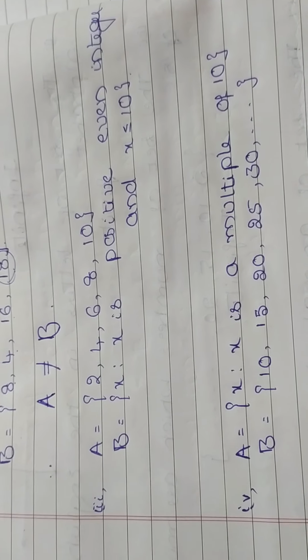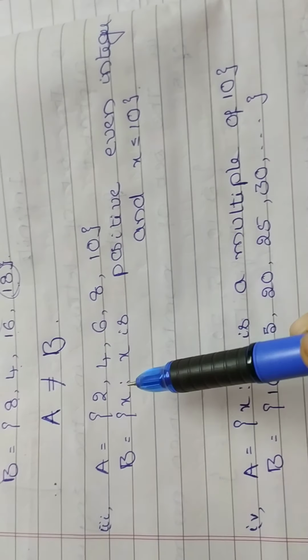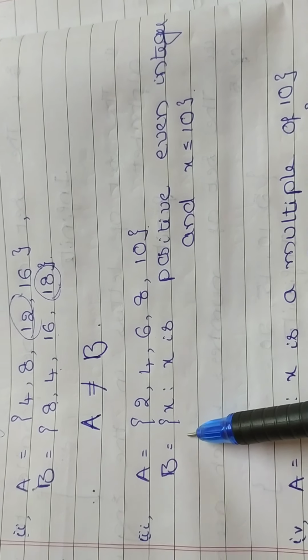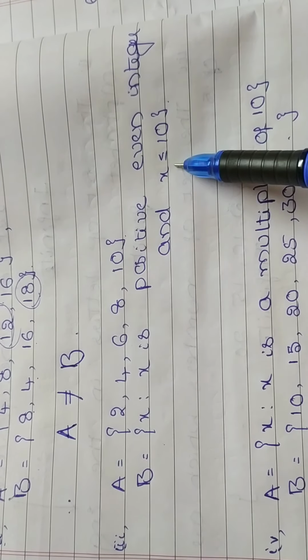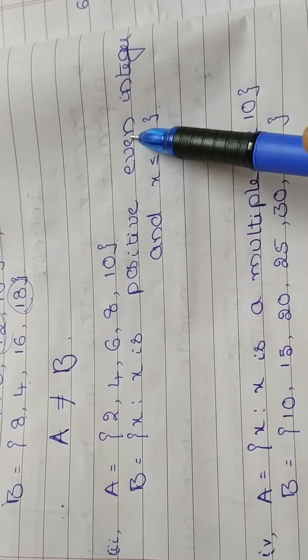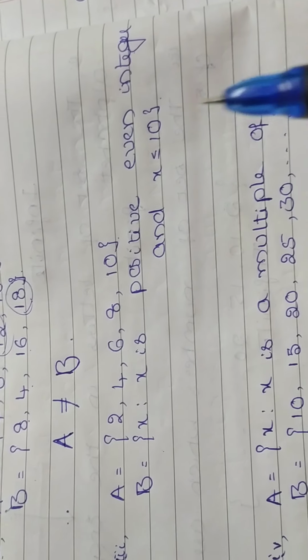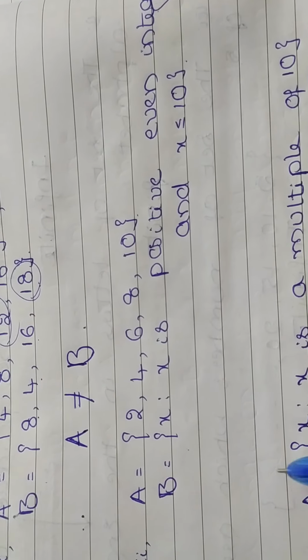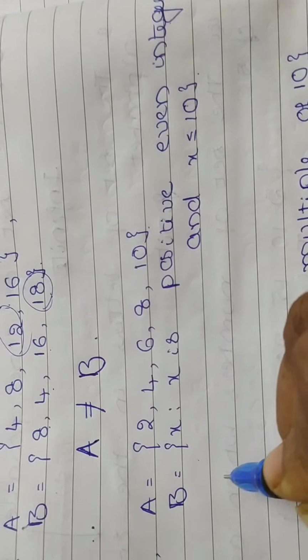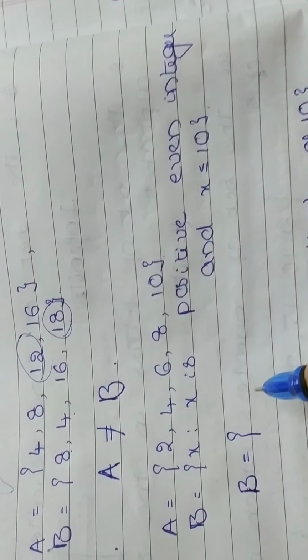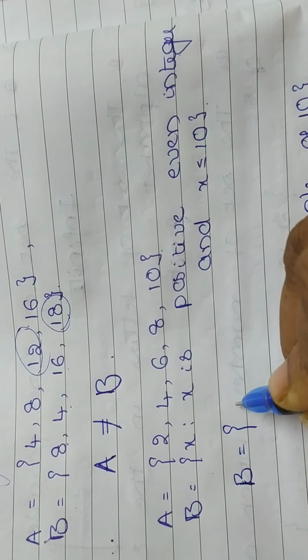Now the third one. A equals 2, 4, 6, 8, 10. And B they gave in the set builder form: x is a positive even integer and x is less than or equal to 10. So let us write B in the roster form. B equals positive even integers less than or equal to 10.